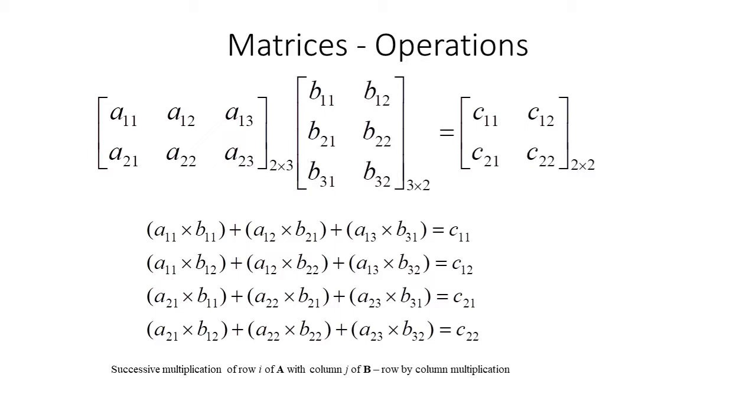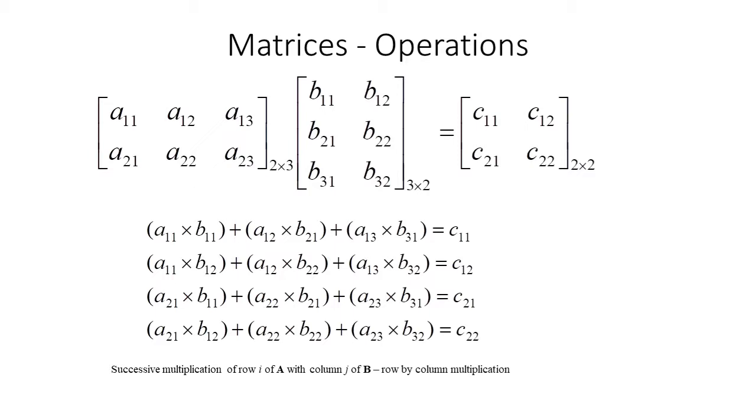So we have to multiply the first row of the first matrix with the first column of the second matrix. That is A11 with B11 plus A12 with B21 plus A13 with B31, which is equal to C11.